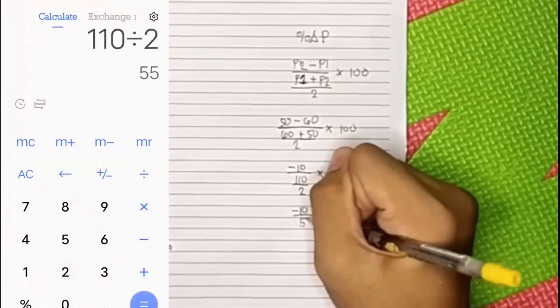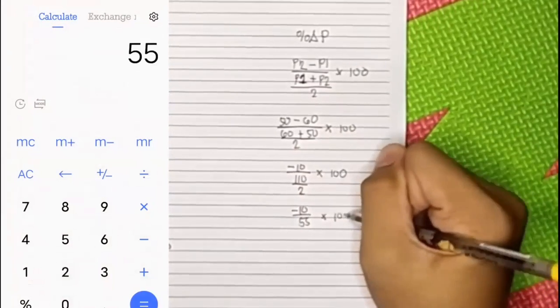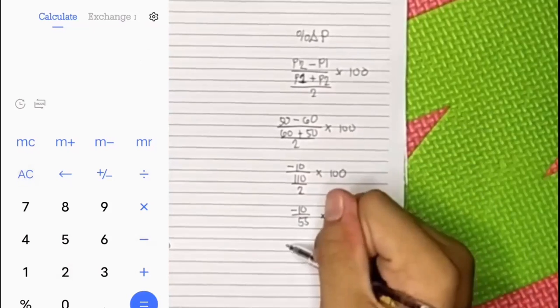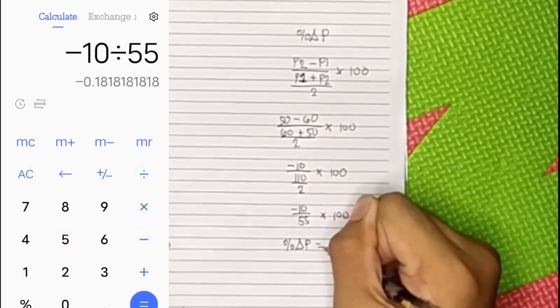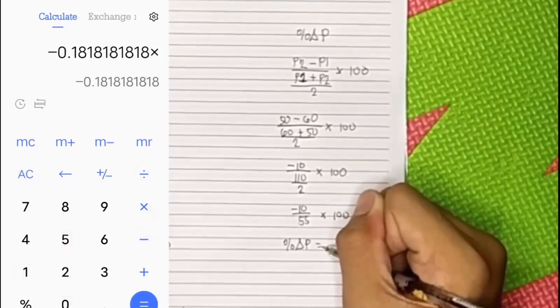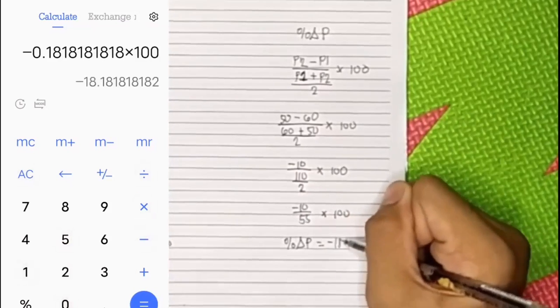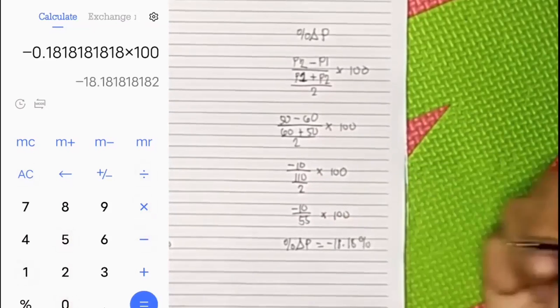So negative 10 over 55 times 100. So our price change is equal to negative 18.18%.